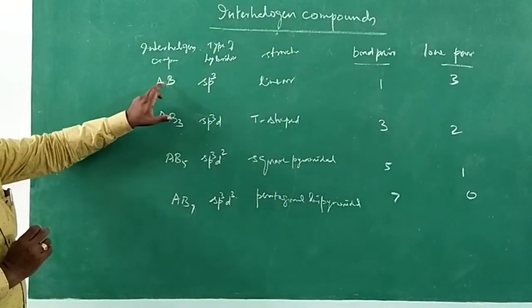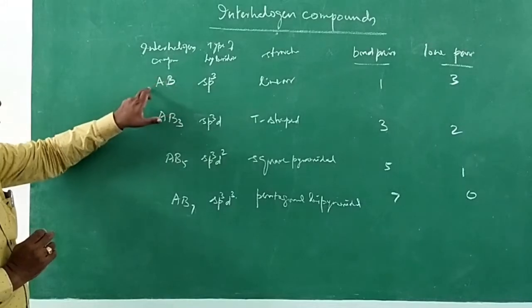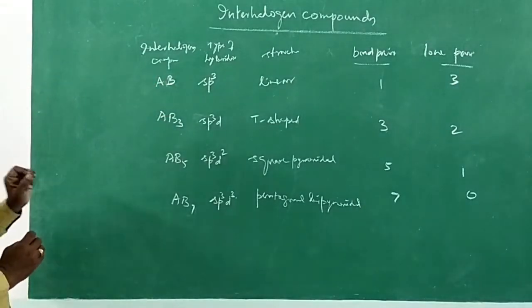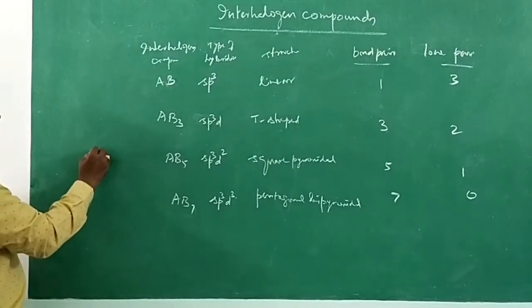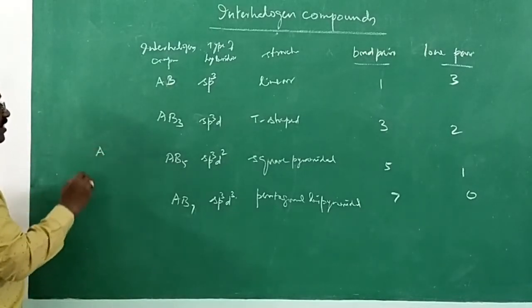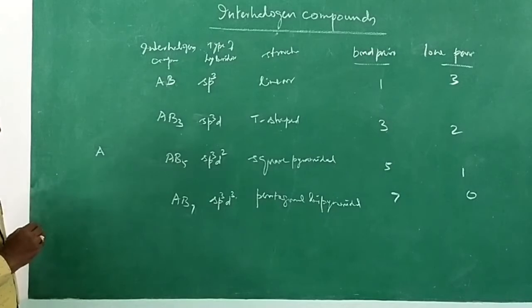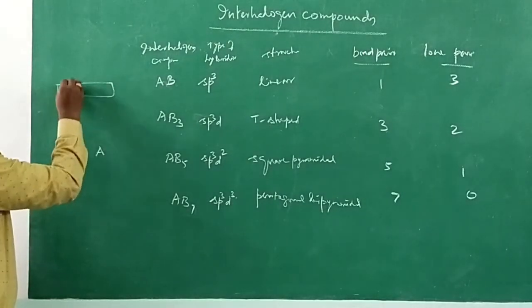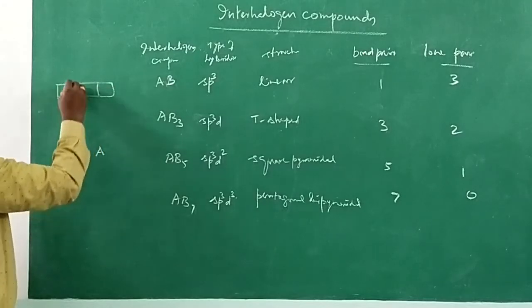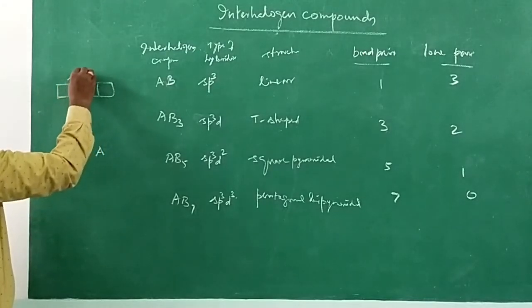Interhalogen compounds are between A and B. A is the larger one, it is a halogen. Halogen atoms will have how many electrons in the valence shell? 7. If A is at the center, it will have 7 electrons. That means 3 pairs and 1 single electron. 1 s orbital and 3 p orbitals.